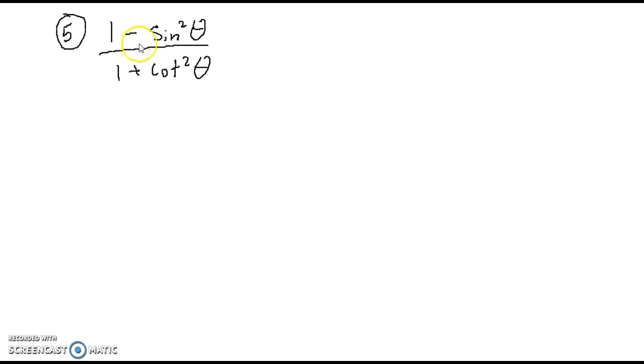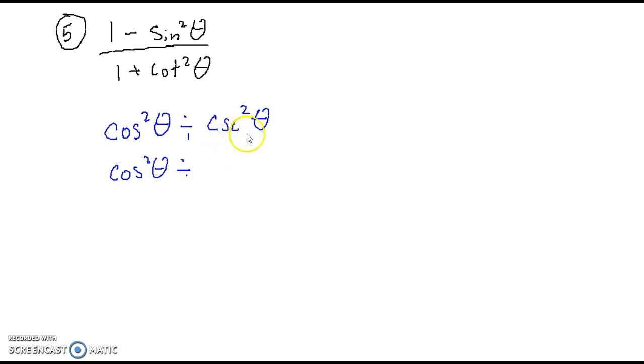Okay, the first thing I notice is whenever I see 1s with trig functions squared, I have to think of my Pythagorean identity. So 1 minus sine squared theta is an identity, and that is cosine squared theta. 1 plus cotangent squared theta is the same thing as cosecant squared theta, and I'm going to write that as 1 over sine squared theta.